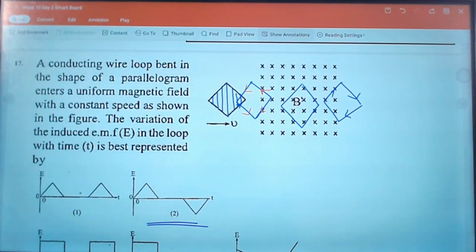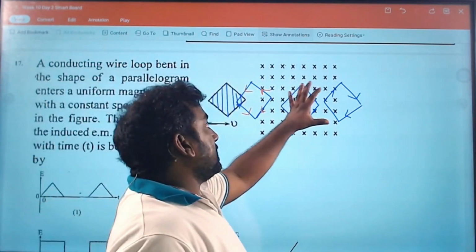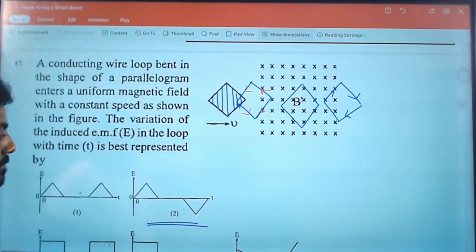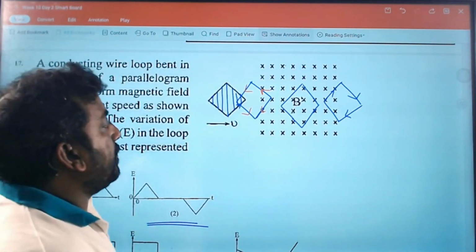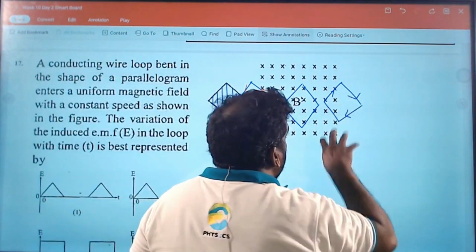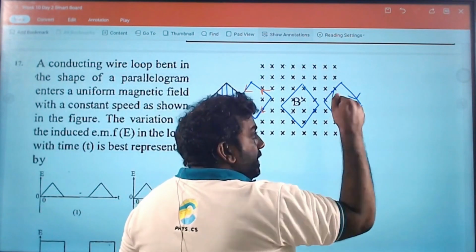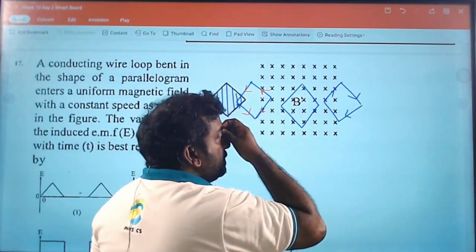Therefore, there is no induced EMF. As it moves out, the field inwards will reduce.